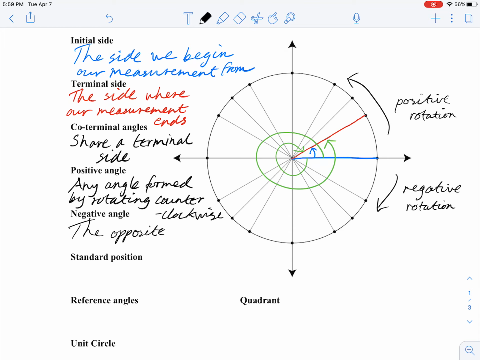An angle is said to be in standard position if the initial side is the positive x-axis.